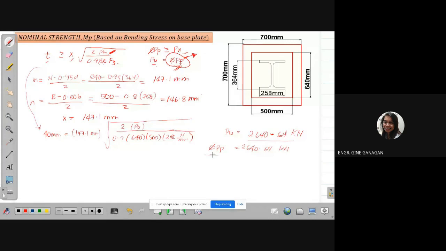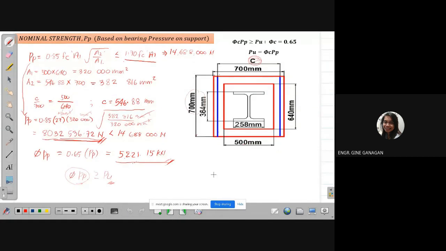So, ito yung design strength natin based on the bending stress on base plate. So we have here the design based on the bending stress and based on the PP. Ito naman yung magiging trend natin.